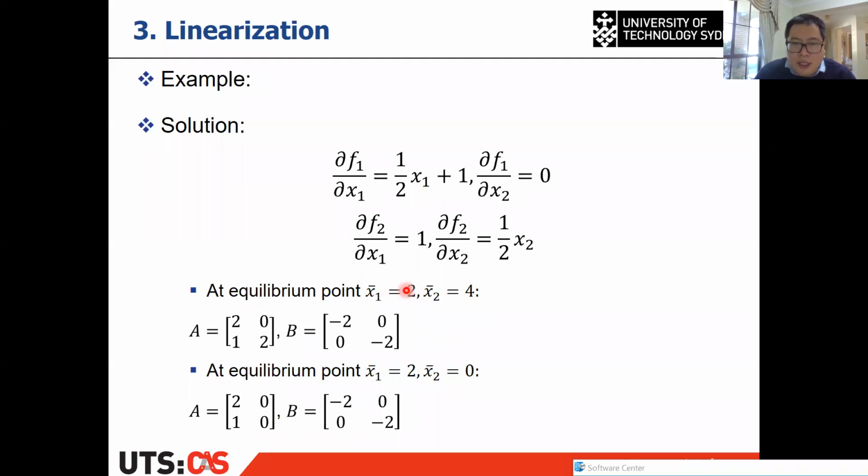Then if we replace x1 equal to 2, x2 equal to 4, we have the A matrix like this.